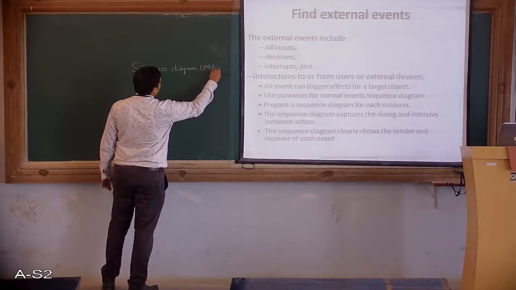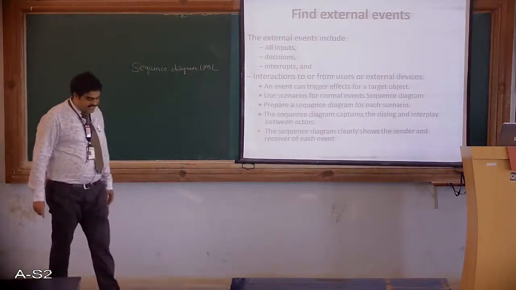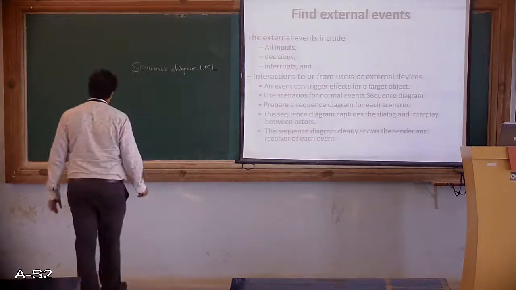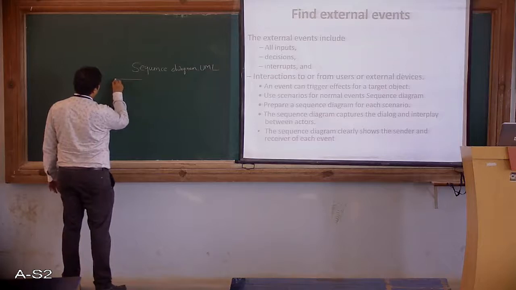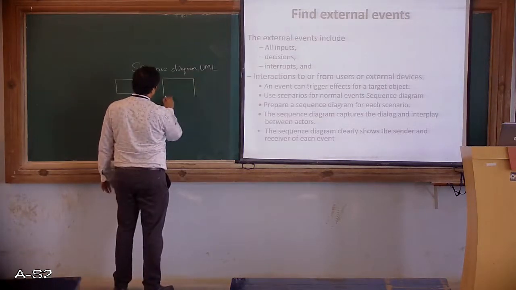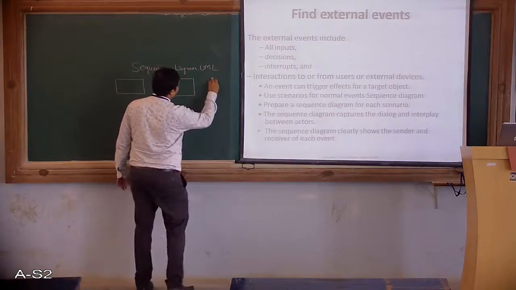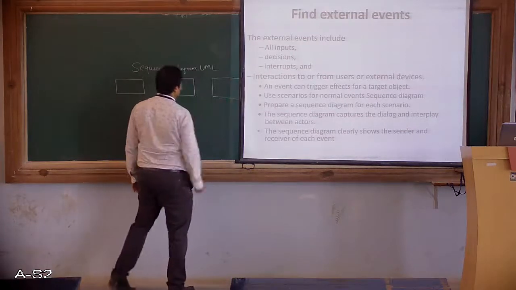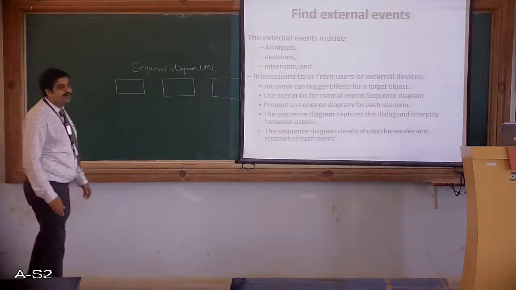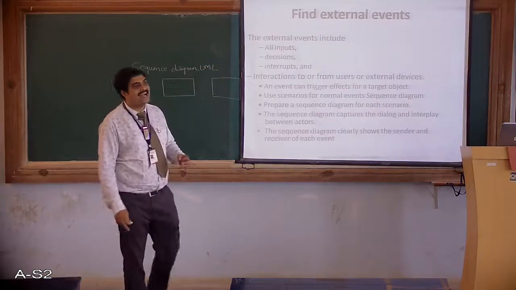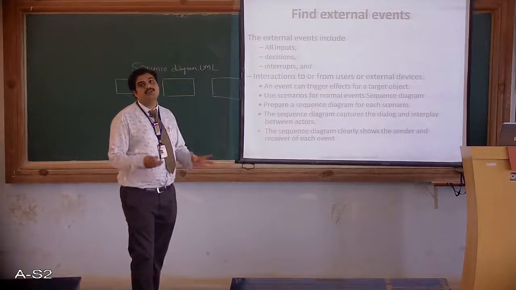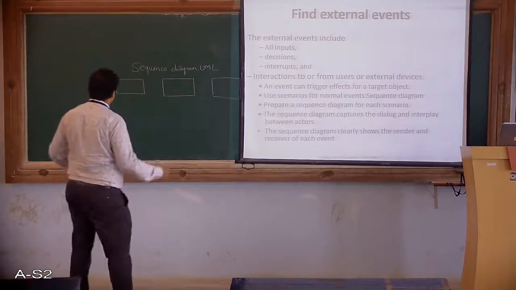Now what are the different entities of the sequence diagram? We depict some of the components horizontally. This is a very generic sequence diagram. Horizontally we place different objects, different actors, maybe external devices, or a user.